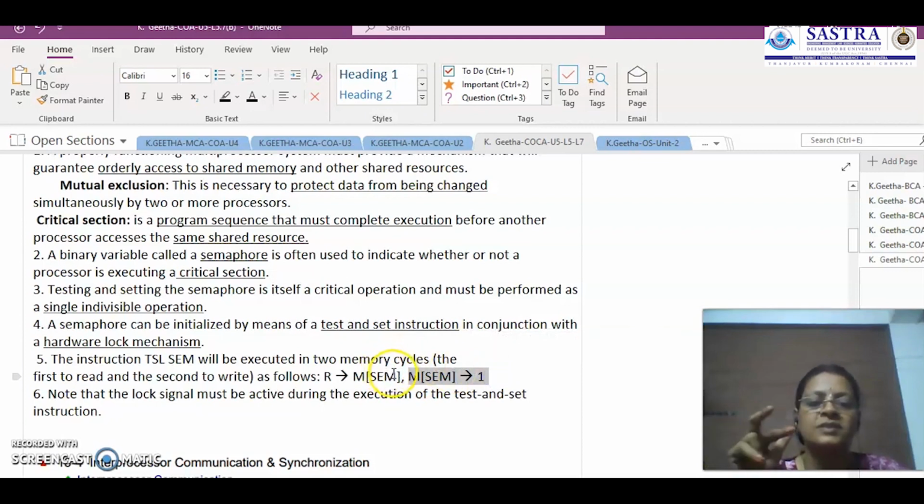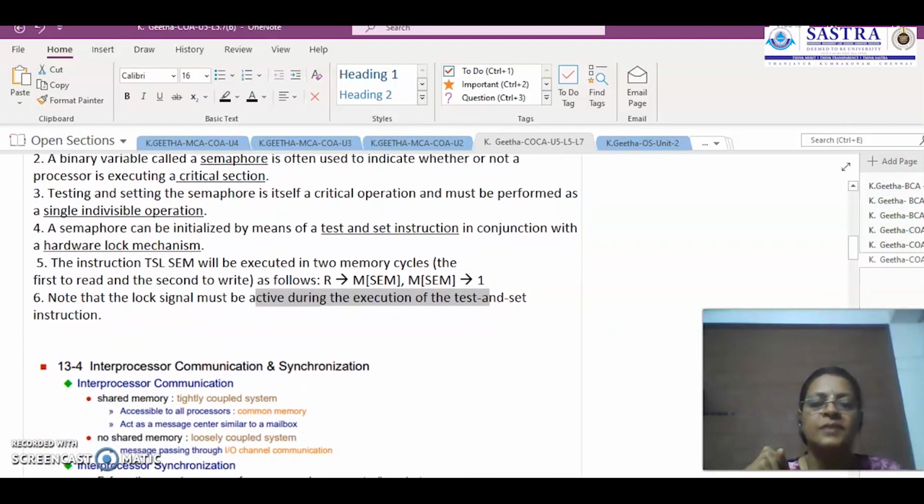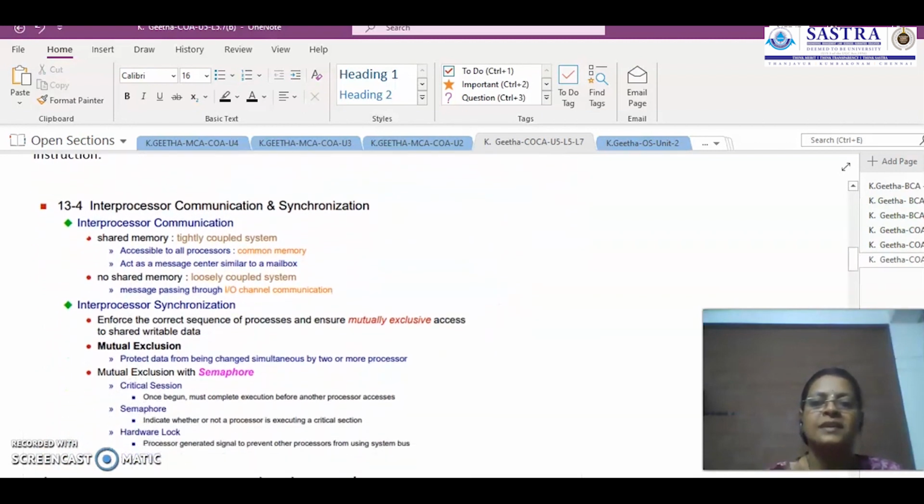So to check this operation, it always consumes two memory cycles. Note that the lock signal must be active during the execution of the test and set instruction. When a process is testing the status of the lock, at that time no other process should make an attempt to test. So this test operation has to be done by only one process, and it is going to be an atomic operation. This is a key point which we have to observe in interprocess communication and synchronization.